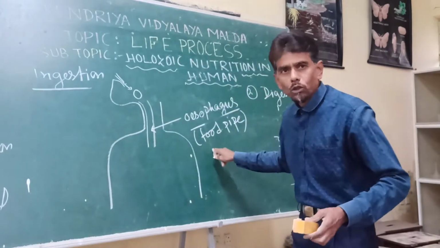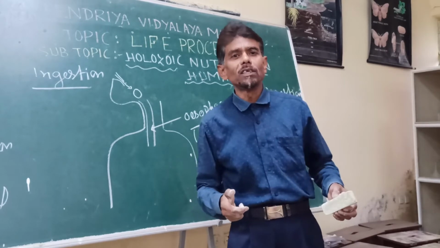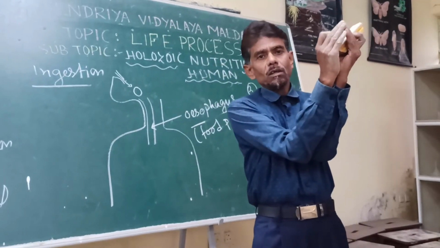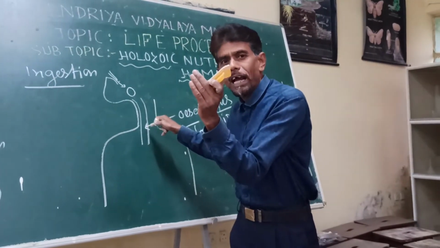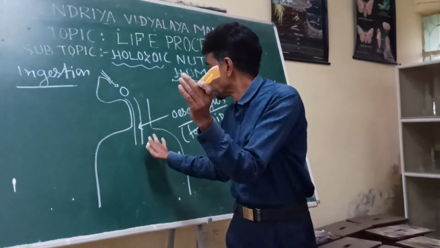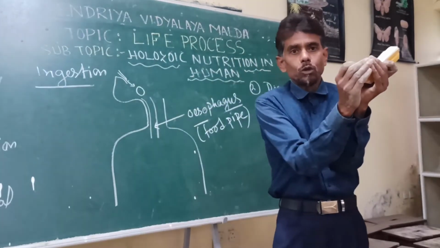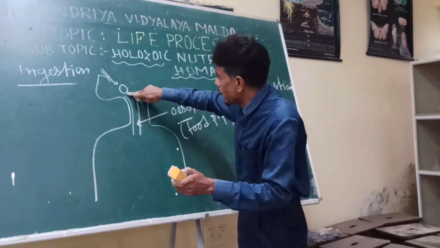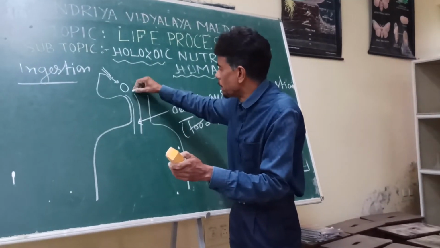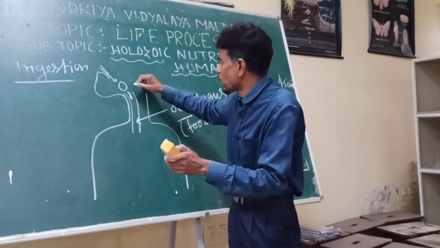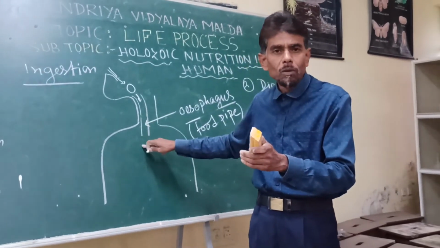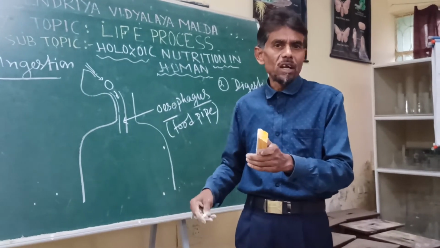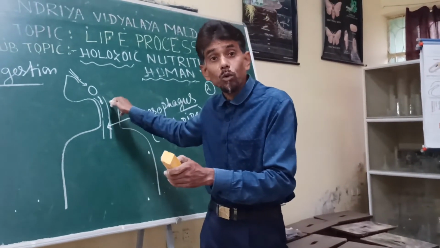This esophagus, or food pipe, and another pipe called the windpipe run side by side through the neck and enter into the thoracic cavity. So there is a chance that while taking food from the mouth cavity, trying to enter the esophagus or food pipe, the same food particle can by chance, in an unconscious state, enter the windpipe.